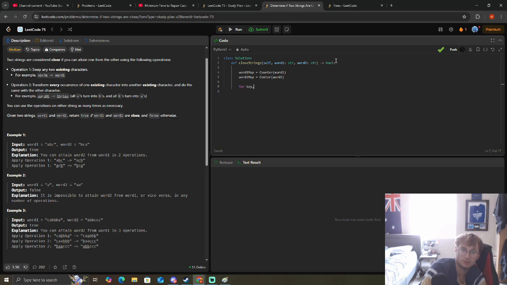For key value in... hang on, let's just print word 1 map and word 2 map.